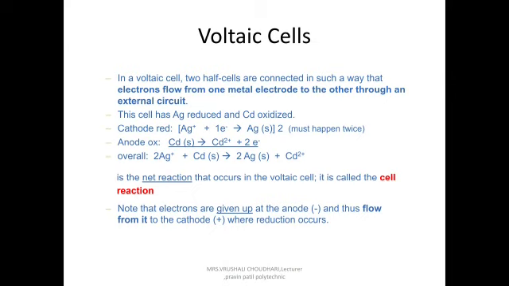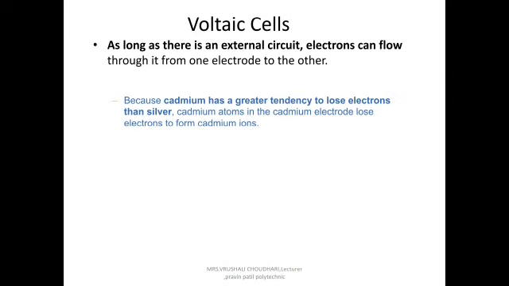Note that the electrons are given up at the anode and flow from it towards the cathode, where reduction occurs. In a voltaic cell, as long as there is an external circuit, electrons can flow from one electrode to the other, because cadmium has a greater tendency to lose electrons, a lesser electrode potential, and is more reactive.